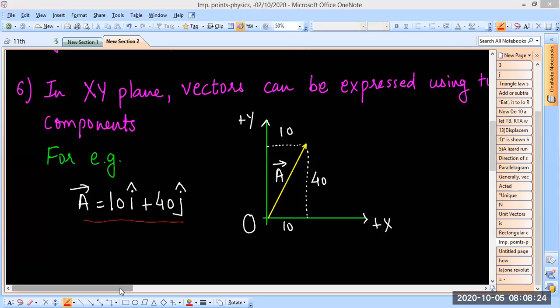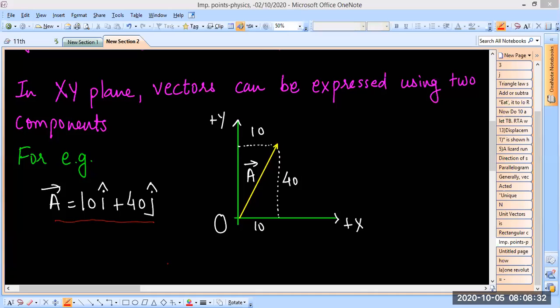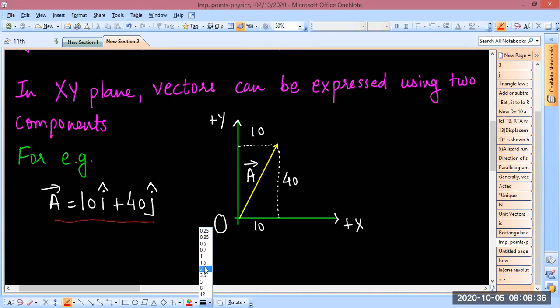Okay, so I hope all of you have at least understood the basic of how we are getting this here, right? This a vector, it has two components, right? This is one horizontal and one vertical, right?